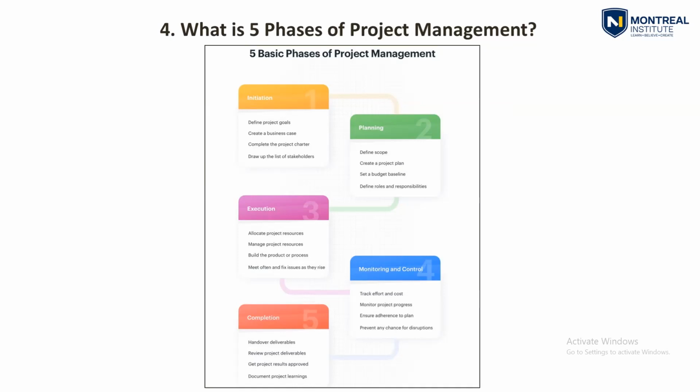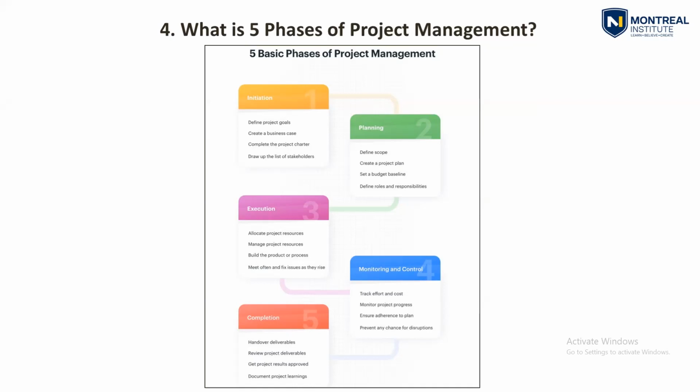You need to monitor project progress, ensure adherence to plan. You will check whether the plan and the actual are on the same line. If the plan is ahead of the actual, it means you are in delay. If the actual is higher than the plan, it means you are ahead of the plan. If both lines are at the same level, then the plan and actual are the same.